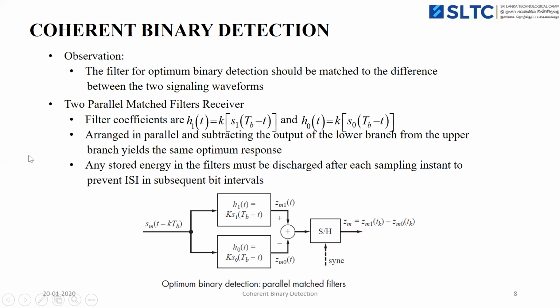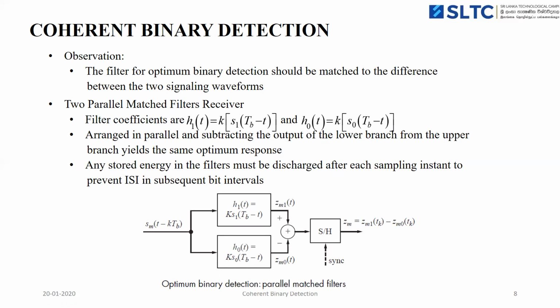Then we arrange these matched filters in parallel, and subtracting the output of the lower branch from the upper branch, we get the optimum response of this receiver. That means the two parallel matched filter receiver. If any energy is stored in the filter, it must be discharged to avoid the ISI problem in the subsequent bit interval. This figure shows the optimum binary detection using two parallel matched filters.